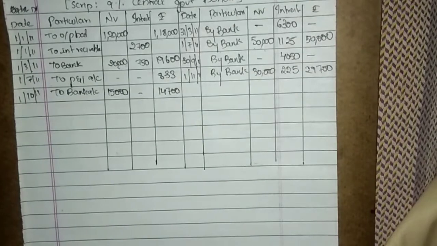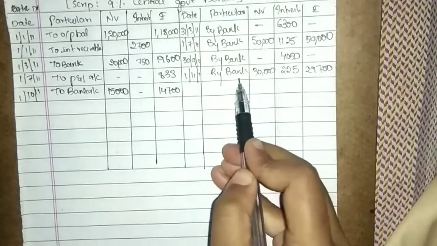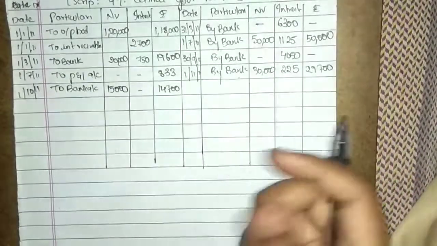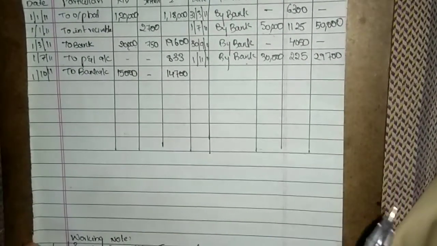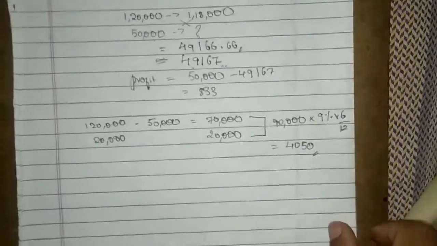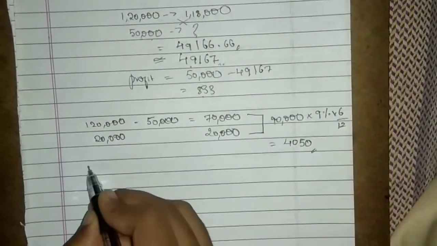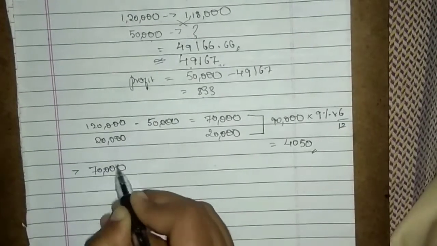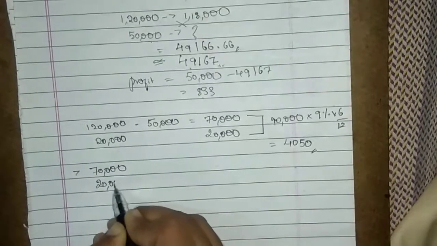Now I told you, whenever there is a sale, you need to see whether you got a profit or loss. For that we should do a working. So in the next scenario, we had 70,000 in the first opening balance, then 20,000 in the next opening balance.